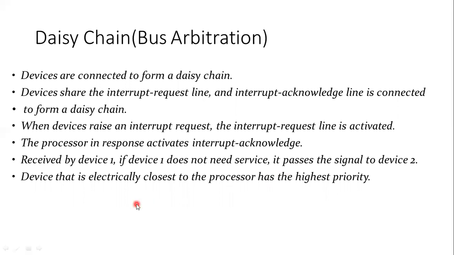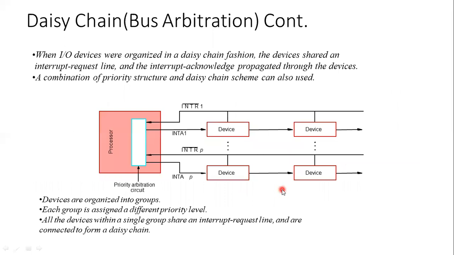This tells us that the device electrically close to the processor, like the person close to the ticket counter, will receive service first. If I consider that line as a daisy chain, everyone is requesting to purchase a ticket, but the person closest to the ticket counter will have the highest priority. So you can see the simple example.